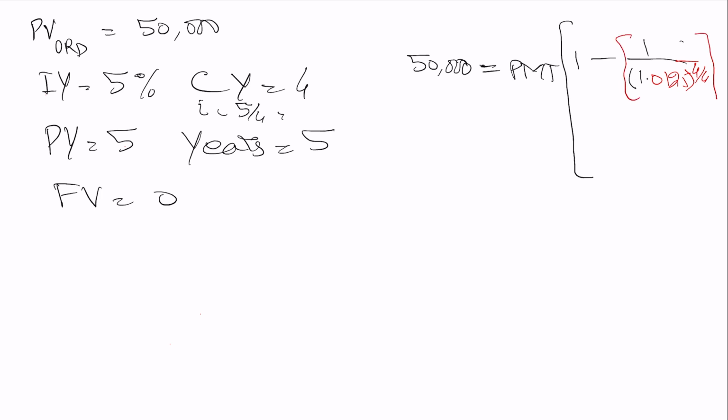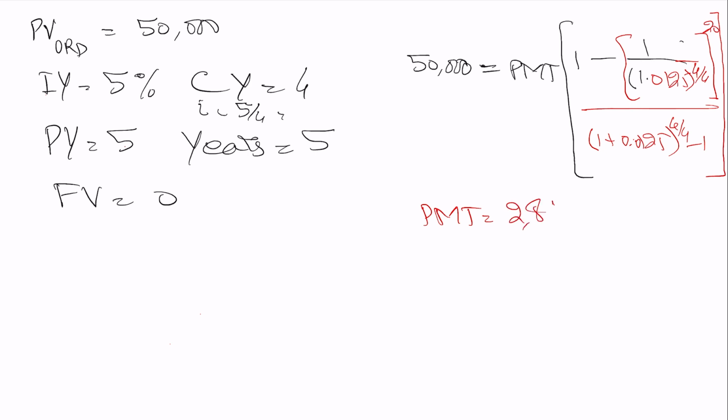This whole term is going to be n, which is 20, 4 into 5, minus 1 over 1 plus 0.0125 exponential 4 by 4 minus 1, right? So if we solve it, we get PMT is equal to 2841.02.